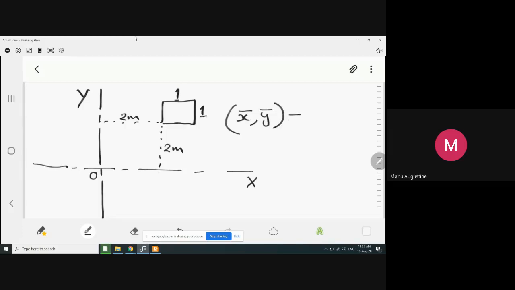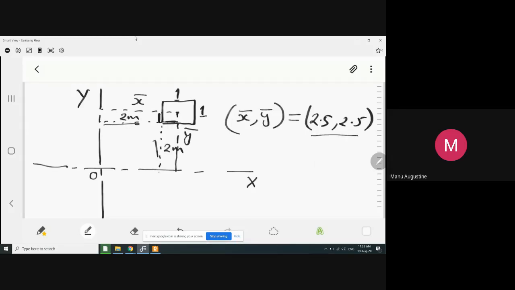Anybody? 2.5, 2.5. Very good. It is 2.5 comma 2.5. The distance of the centroid has to be calculated, which is this distance, this is x bar, and this distance, this is y bar. And both of these, as you can simply see, are obtained by adding 0.5 to the given distances. So it is 2.5 comma 2.5.